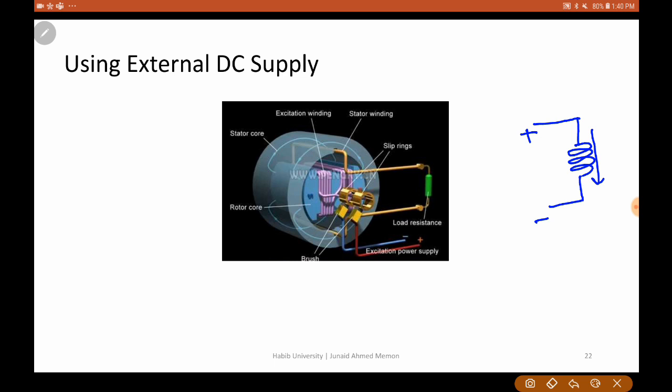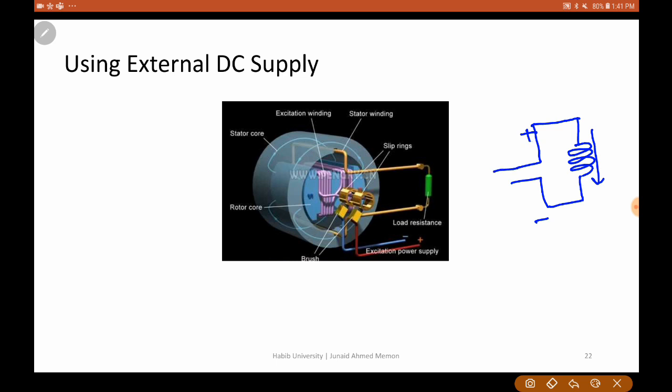We can then rotate the electromagnet with any prime mover. The idea is that you need to connect these windings always to the positive and negative. You do not want to flip the sign, which the commutator does, as we discussed in the last class.